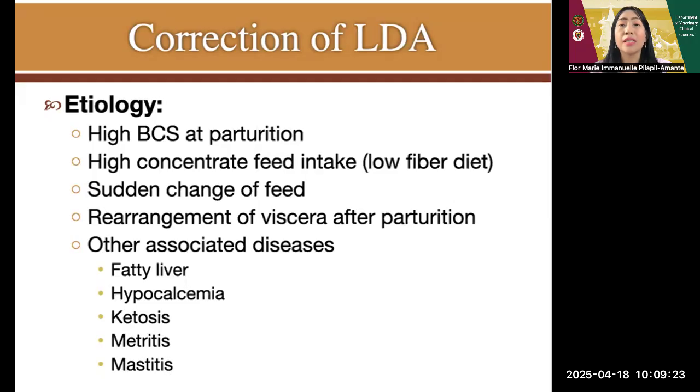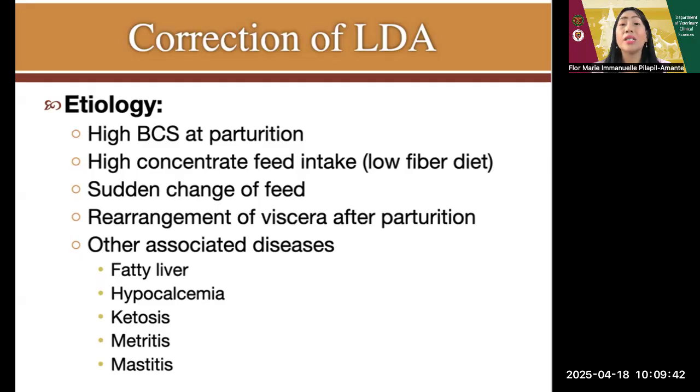We were taught in our early college years that the correct way of feeding ruminants would have a ratio of 60-40, 60 on the forage part and 40 on the concentrate part, and at most it can be extended to 70 to 30% ratio.